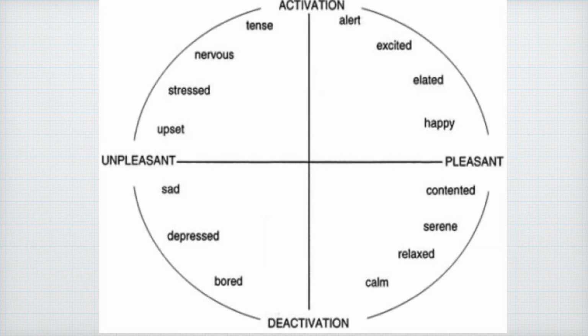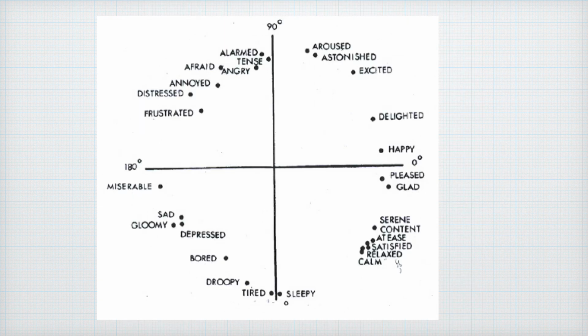All right, so let's review, so you don't have to go rewatch my entire other video. The circumplex model states that emotion can be represented like a radar scope. Each emotion has a direction to it, and even an intensity to it.